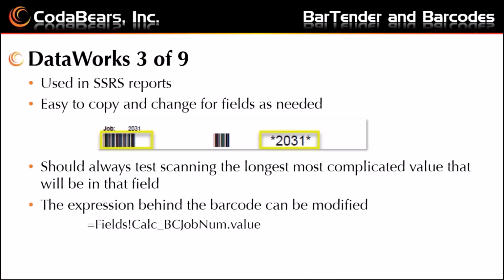I think some barcode readers or scanners, you might be able to program a starting and ending asterisk, but most of them, you'll do it on the barcode itself to be able to read it. And then it's easy to copy and paste the barcode and change the expression behind the field to point to another field.